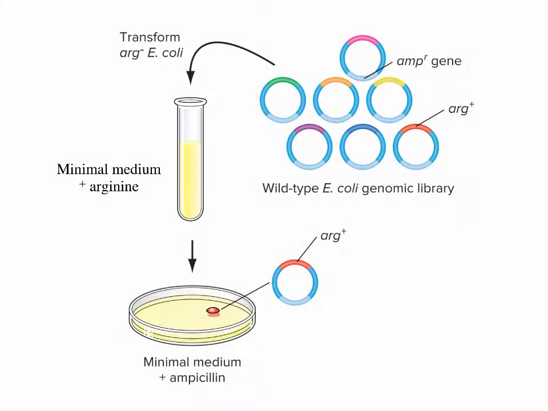This scheme for cloning a gene corresponding to a mutant phenotype will work if your starting strain has a loss-of-function mutation in that gene. The wild-type gene on the plasmid provides the function that the genomic DNA in the mutant bacteria lack. But suppose the mutant allele causing arginine auxotrophy has not lost its function but has gained a new function.